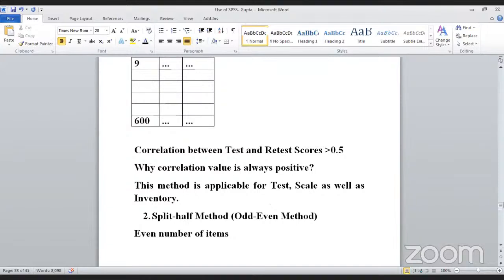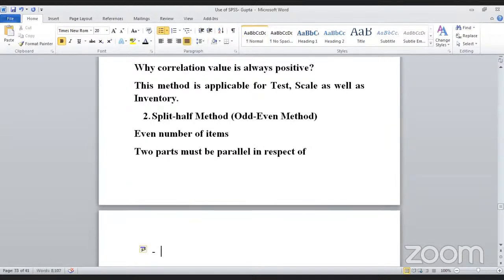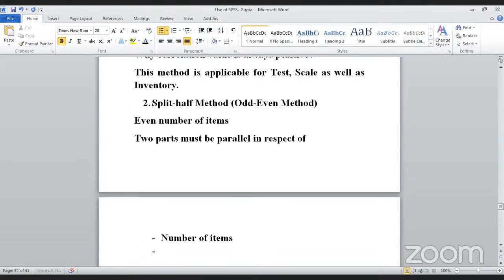Another is when you are dividing the complete tool into two parts, the two parts must be parallel. Parallel in respect of, number one, number of items, then types of items.